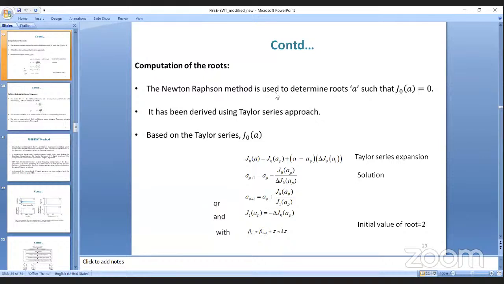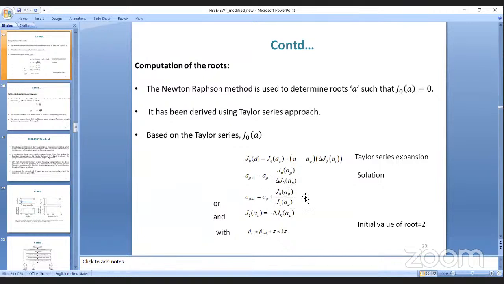Based on this Newton-Raphson method, these roots are computed, and it has been derived based on the Taylor series approach. So based on the Taylor series, this Bessel function of 0 order J0 can be written in this mathematical way by using this expression based on the Taylor series expansion, and the solution is given by this expression.